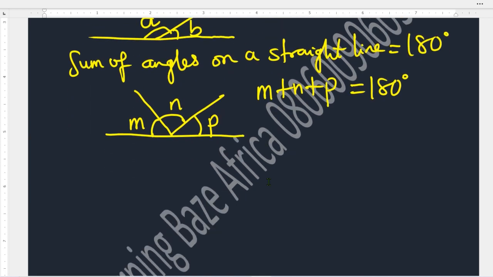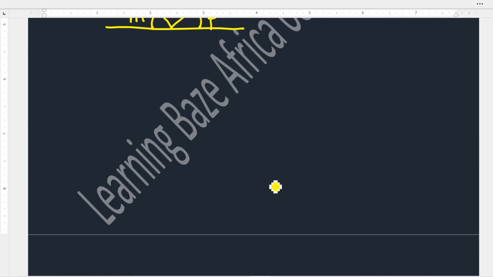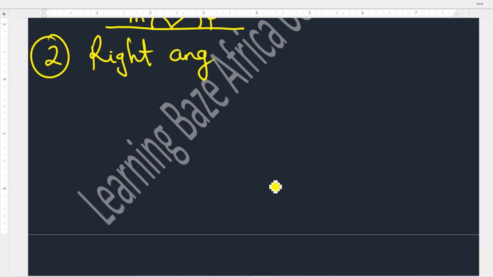Now let's look at another type of angles. The second one is right angles, okay? Right angle. Now, a right angle is equal to 90 degrees. This is an example of a right angle.